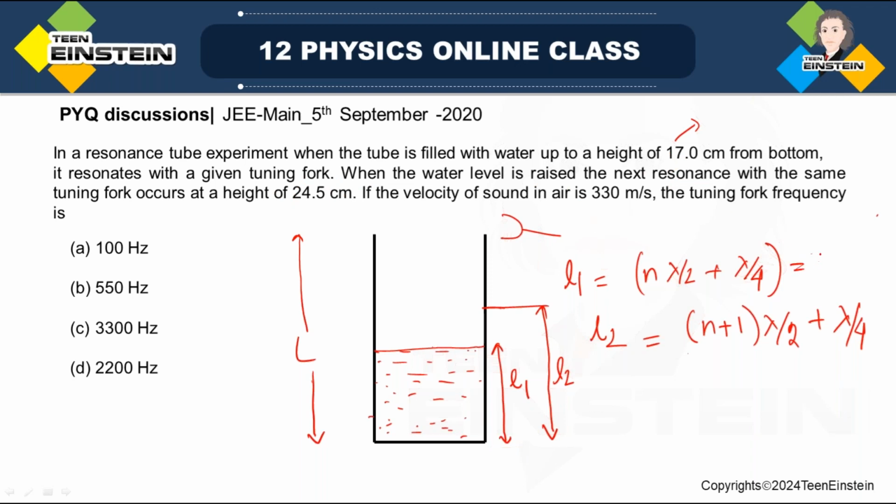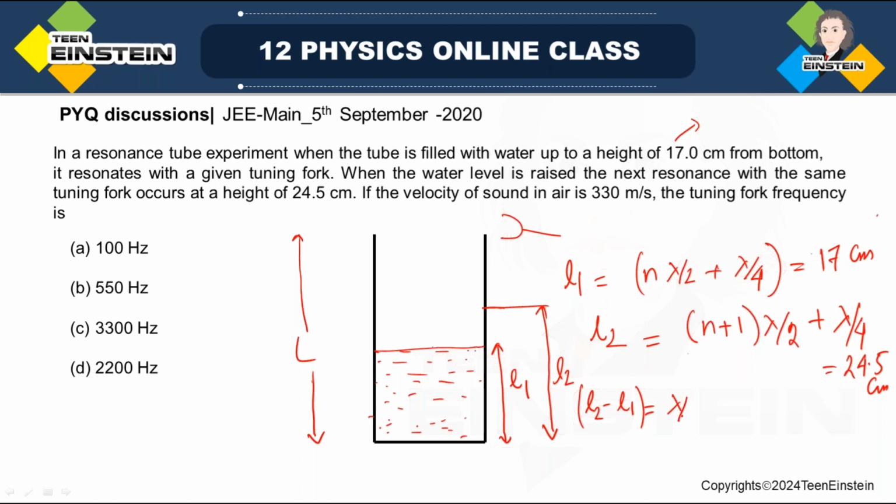That means this is equal to 17 centimeters. Okay, and then L2 is given as 24.5 centimeters. From here, if we subtract L2 minus L1, then lambda by 4 anyway will go.